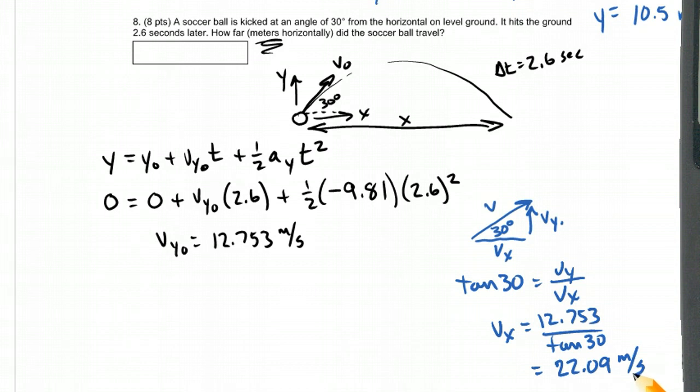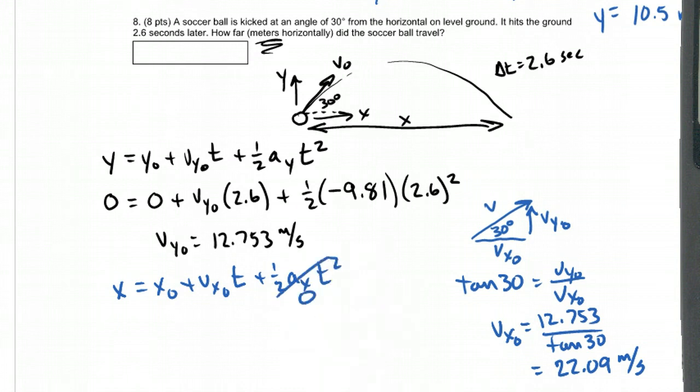Then I can work with the x direction, which has constant velocity. That's x0, that's 0, plus vx0 times t.